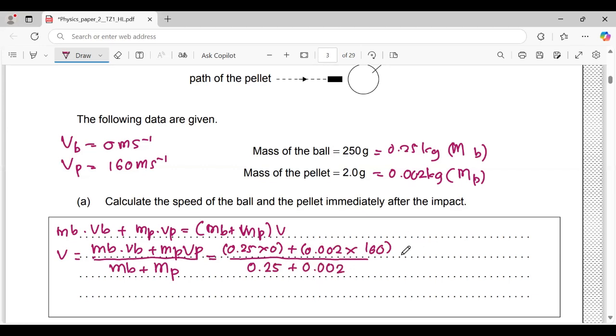And the velocity becomes, this is 0, and if you calculate this, 0.252 over 0.